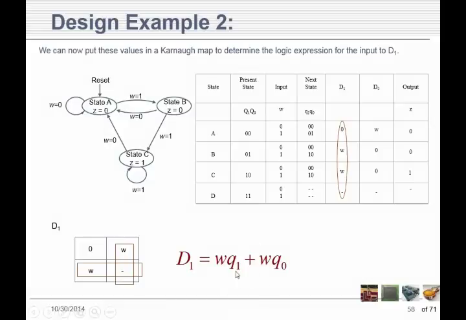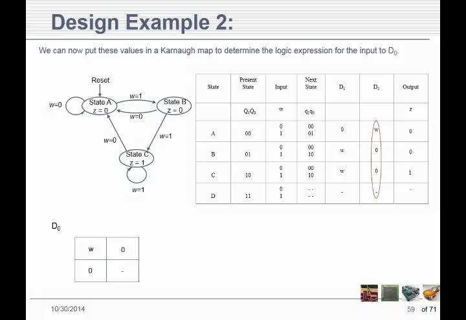But we get W Q1, and W Q0. Again, the way you label the columns and the rows doesn't matter in the K-maps as long as your simulation at the output is right. Here we have W, and then this is cell 1, so there's a 0. This is cell 2, so there's a 0, and this one we don't care. And so this is our equation for D0.